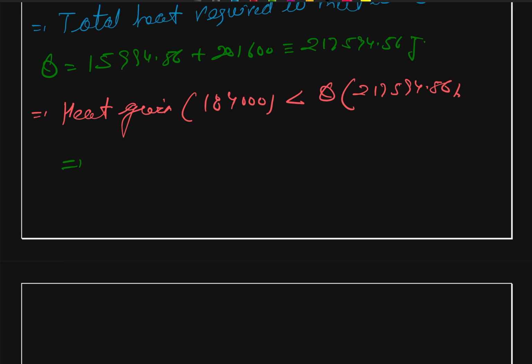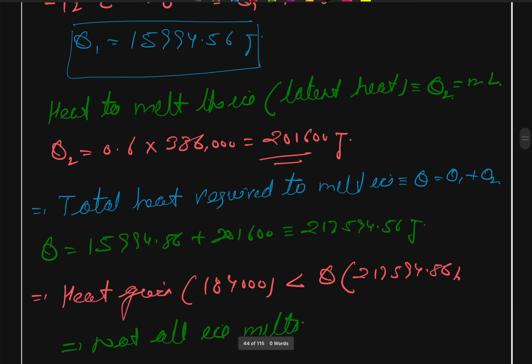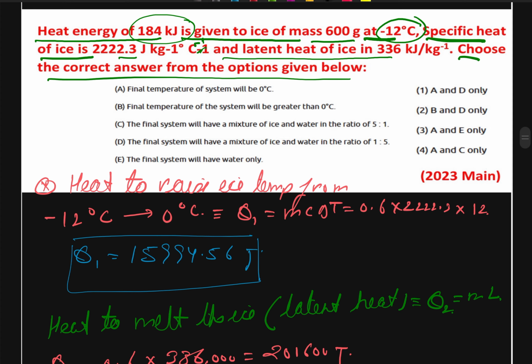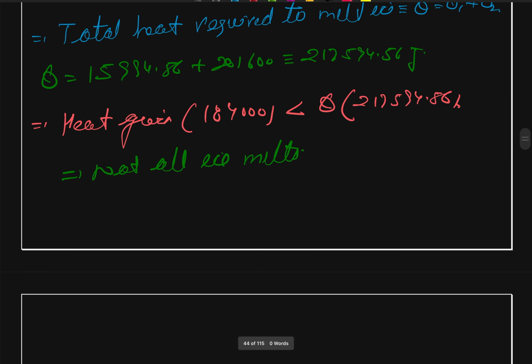So therefore option E cannot be correct because it states that final system is going to have only water. This is incorrect because it is going to have some water as well as our ice.